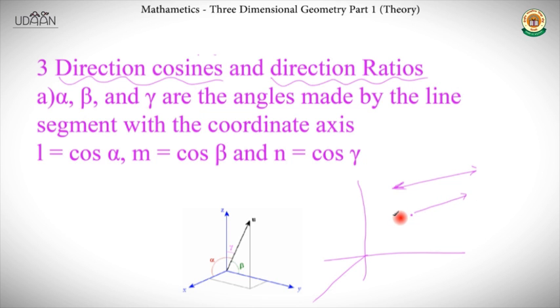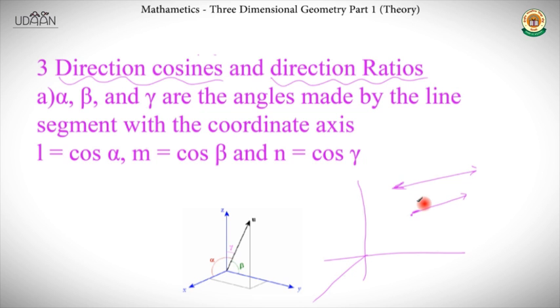How will we know which direction the vector is pointing? So direction cosines and direction ratios are used to show the direction of a vector. What is the difference between the two?